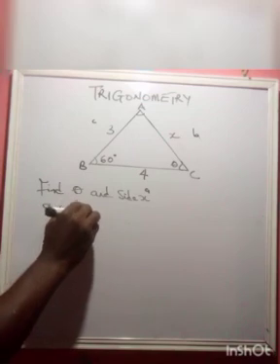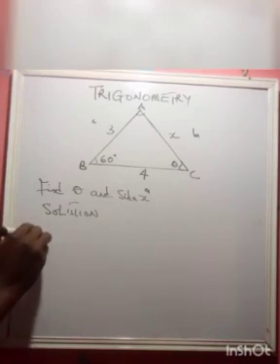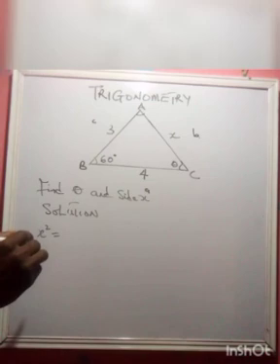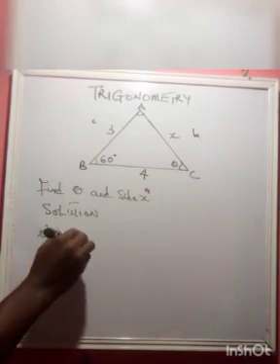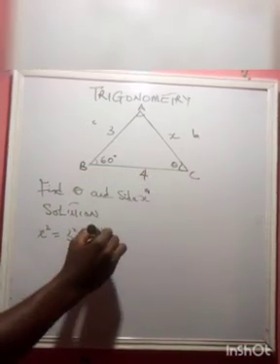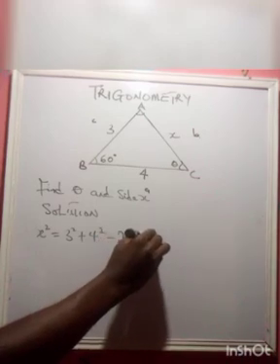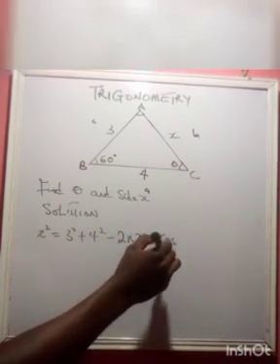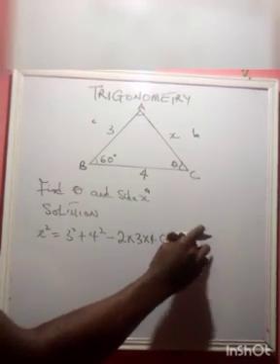Solution. For us to get our side x, remember we just quoted the cosine rule. x squared is equal to 3 squared plus 4 squared, minus 2 times 3 times 4 cos 60 degrees.